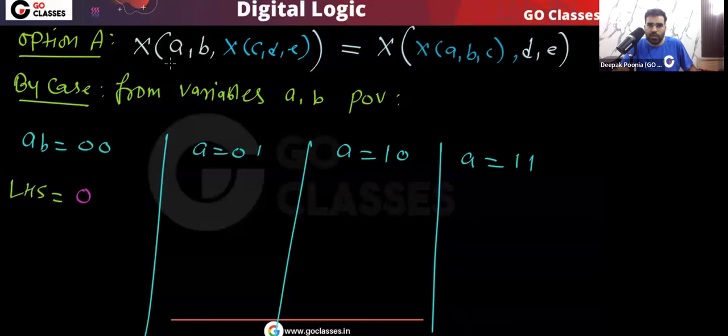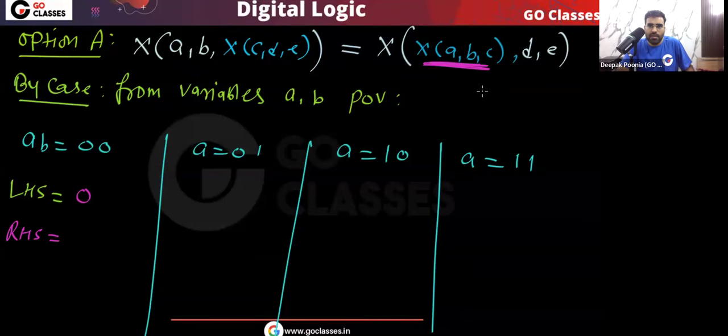Do you agree with me? If I put AB equal to 0 0, then you can see for this function X, there are three inputs. And if AB is 0 0, then whatever this third input be, this overall LHS will be 0. What about RHS? If I put AB 0 0, then this first input will be 0. Yes or no? Definitely this first input will be 0.